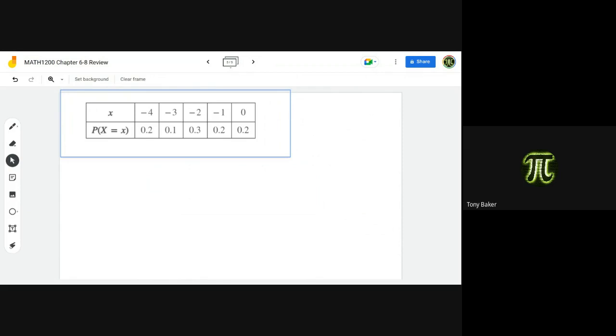All right, so this one we're looking at figuring out our expected value, our variance, our standard deviation, those steps.